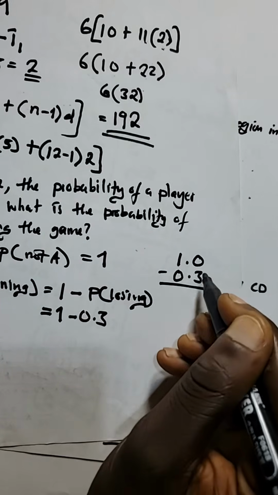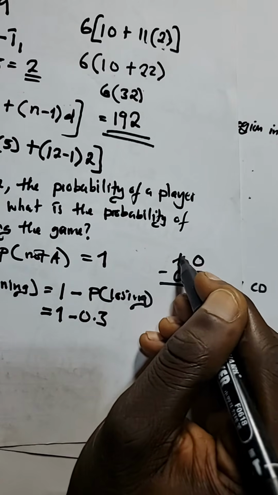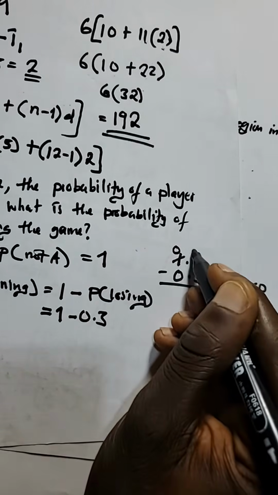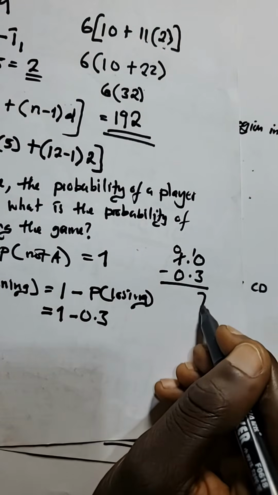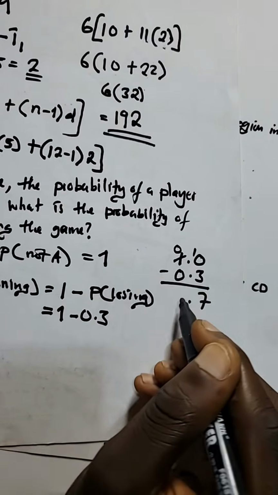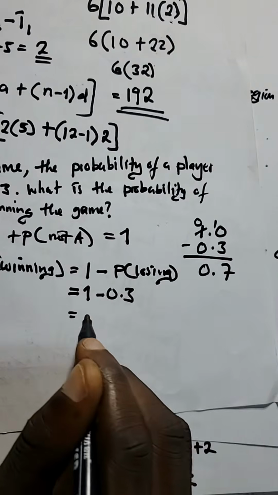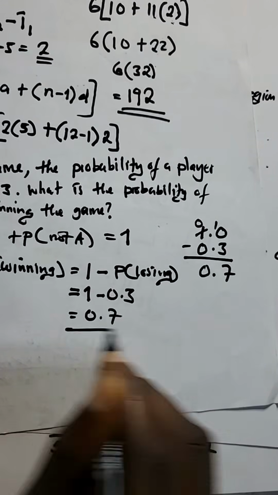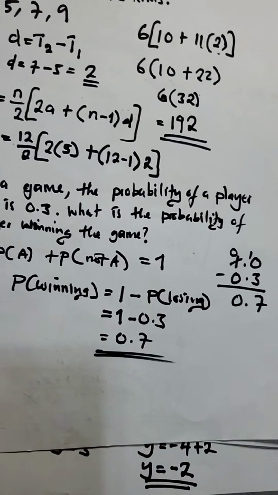You're subtracting. 0 minus 3, it can't, so you get 1 from this one, and this one becomes 0, and then this one becomes 10, and 10 minus 3 is 7. 0 minus 0 is just 0. So the answer here is just 0.7.